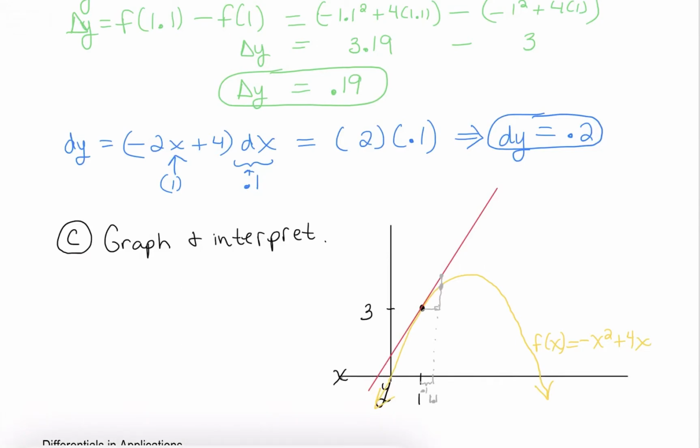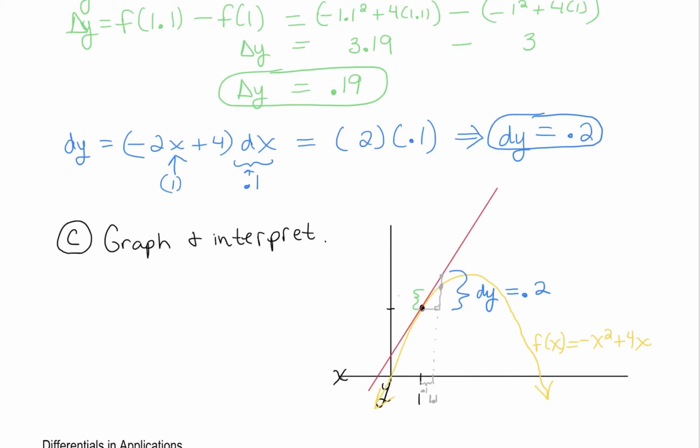What I found was the change in y on the tangent line. So this right here, this is my dy, that was equal to 2/10. And the delta y, I'm going to erase this just to create some space here. My delta y is the change in y on the function.